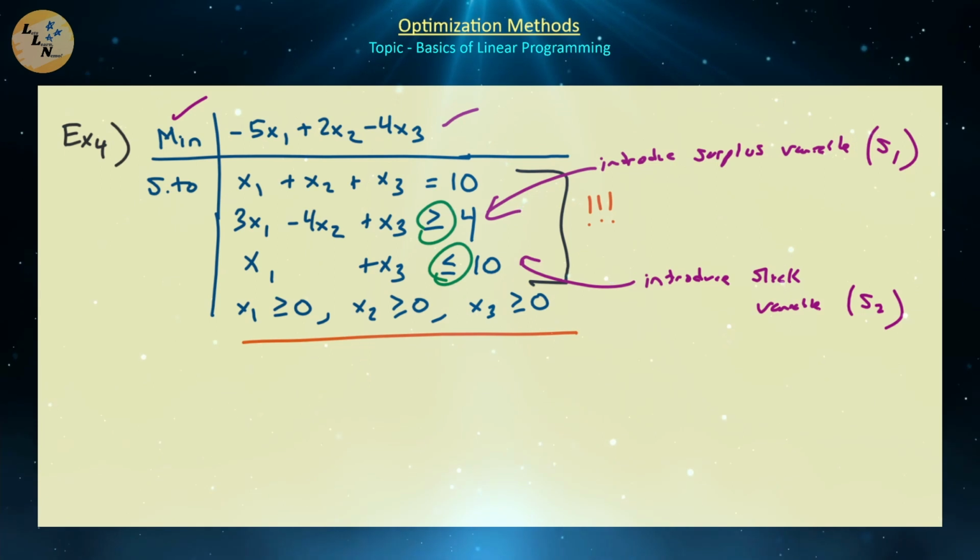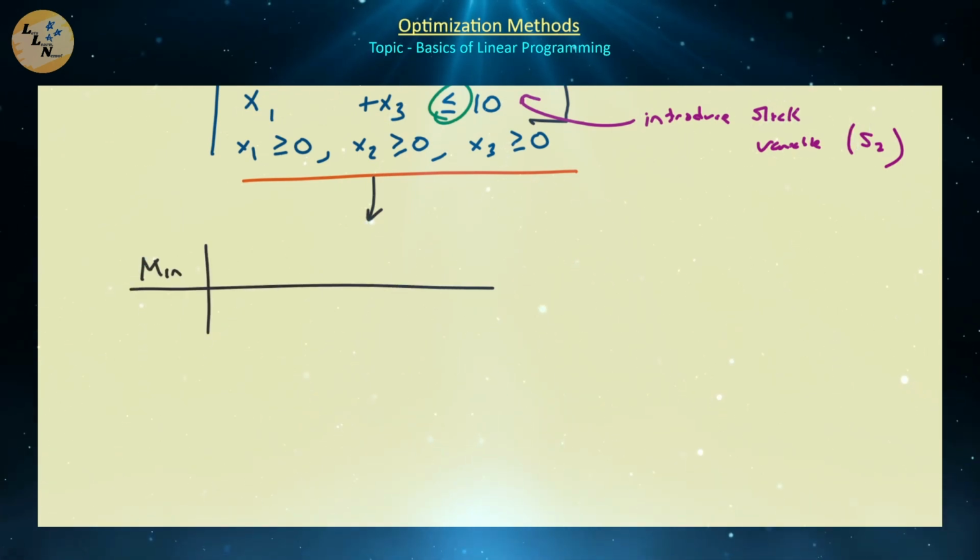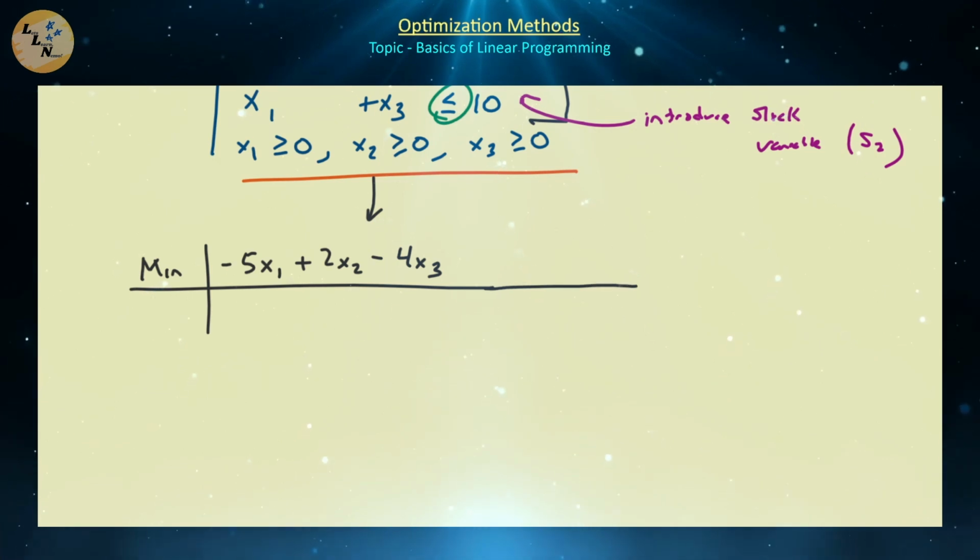So once we do that, what will our system turn into? This is still going to be a minimization problem. So it's going to be the minimization of the functional minus 5x1 plus 2x2 minus 4x3. We're introducing our slack variables into our system, so that's not going to change our objective function.